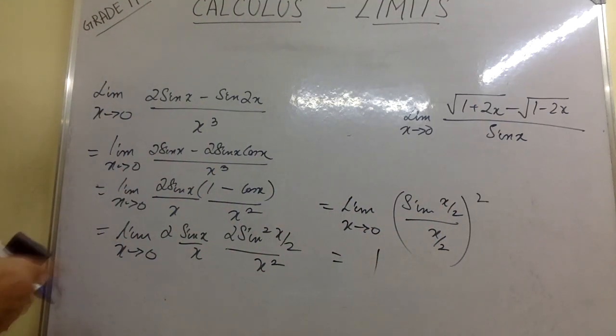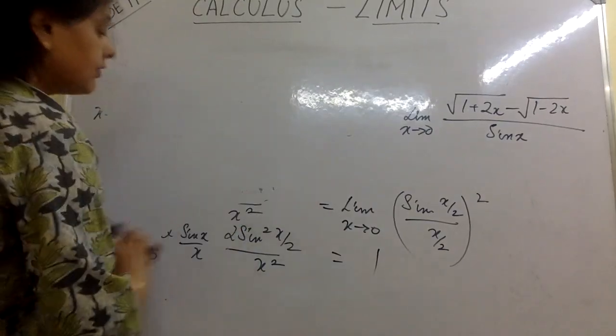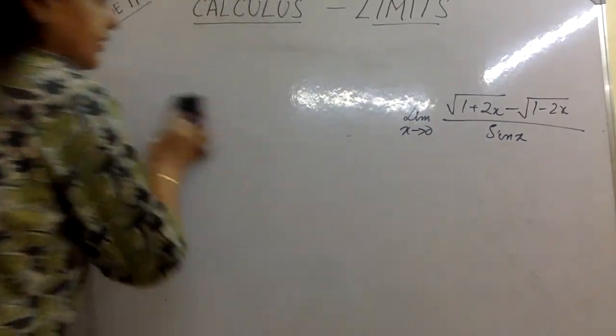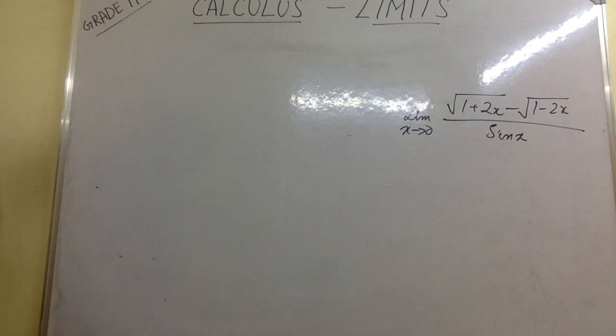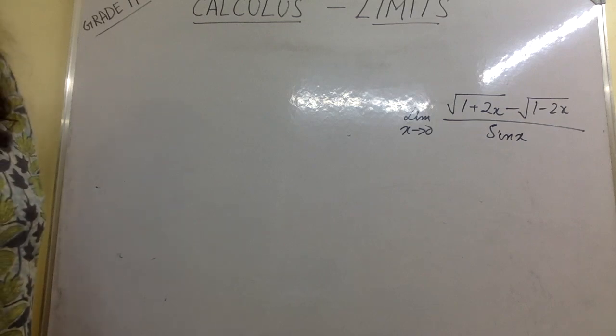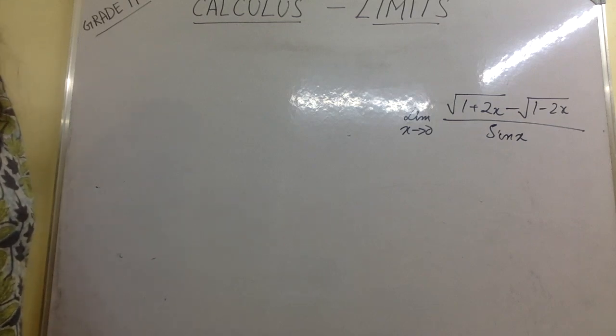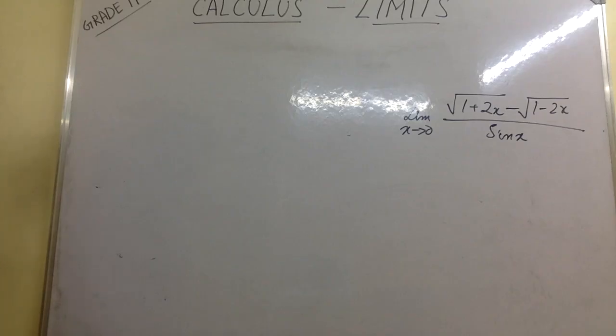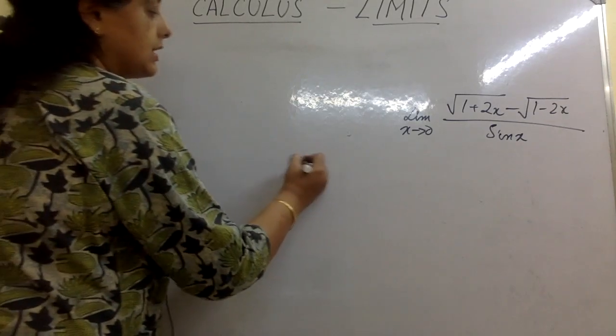Okay, so let's see the next sum now. Here we have little bit of surd and little bit mixed with trigonometry. So we'll go for first rationalization.